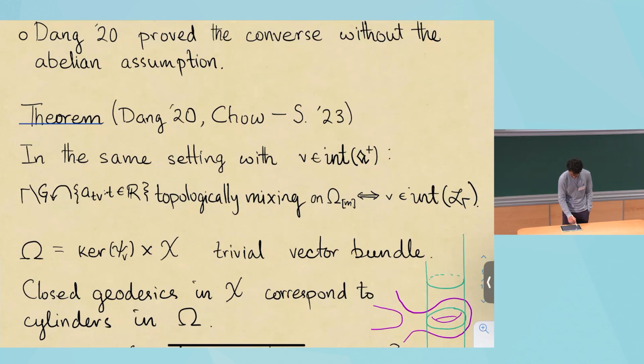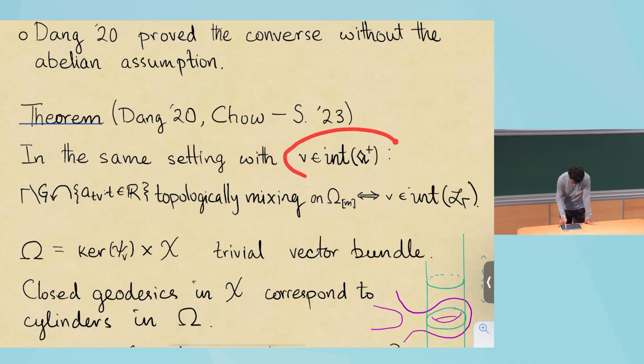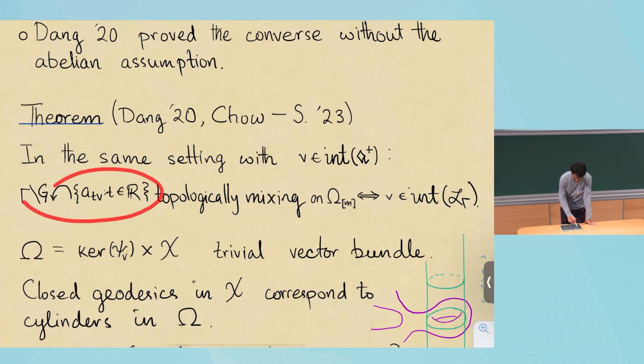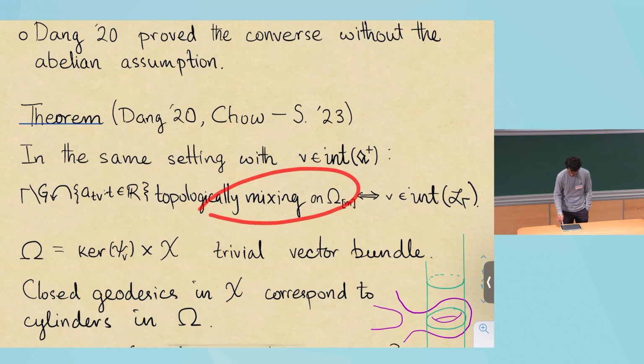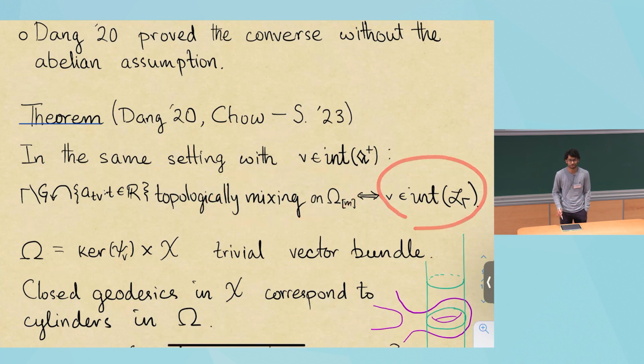So in the same setting above, pick a direction inside the interior of the Weyl chamber, then this flow is topologically mixing on any of the ergodic components. It doesn't matter which one, because the dynamical systems are all isomorphic. So on any ergodic component, it's topologically mixing if and only if v is in the interior of the limit cone.